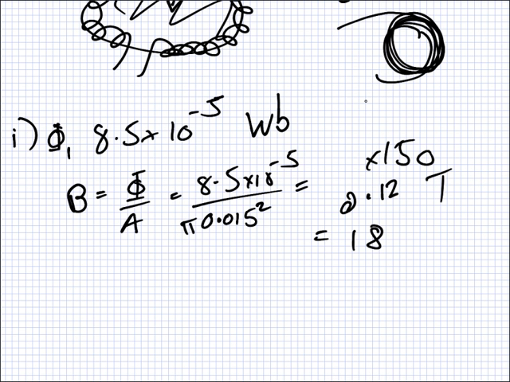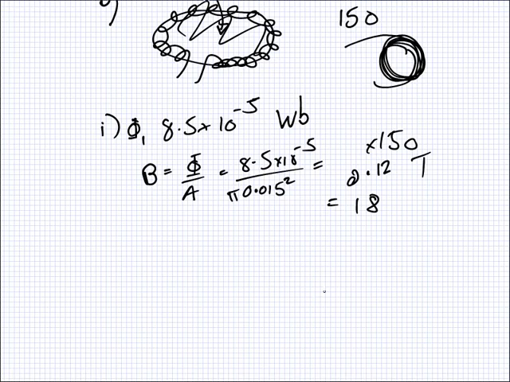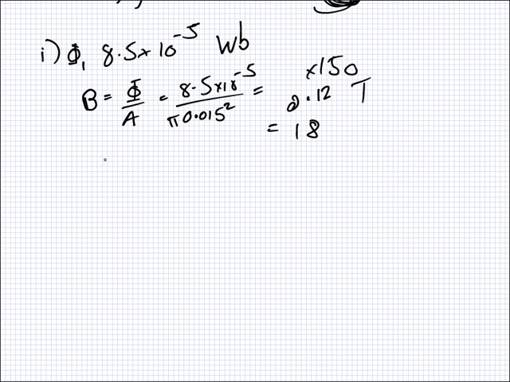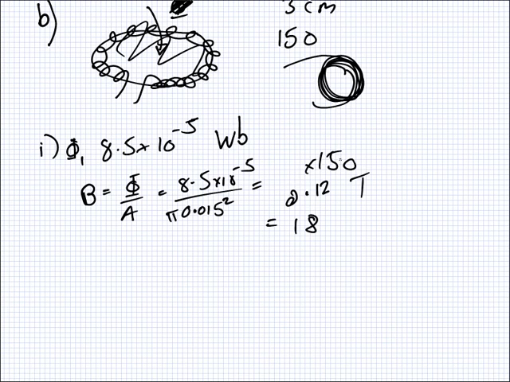Cool, I'm happy with that. Yes, that 150, they said flux linkage. That is the total. So before we started, we should have divided by 150. So that it's divided by 150. Okay, I'm happy now. 8 times 10 to the minus 4.